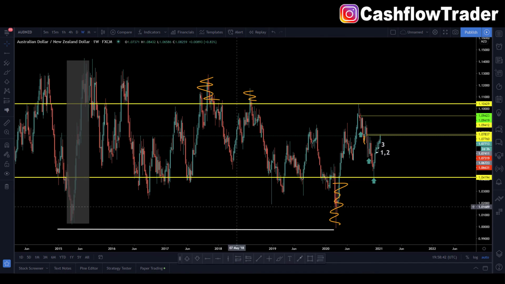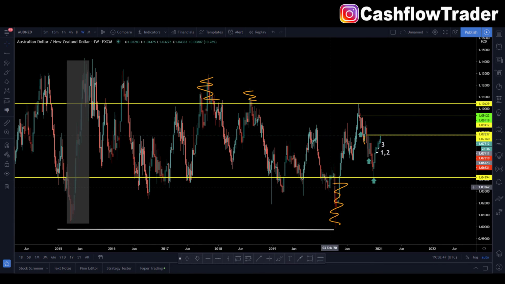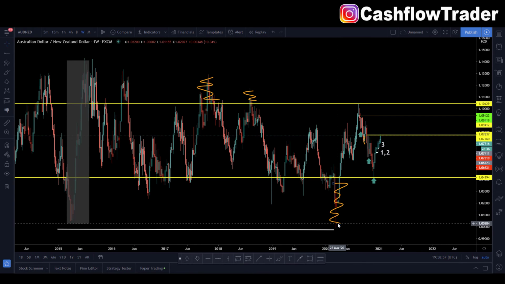If you look here, I think the market tried to break down a few times, and then it failed, and then it did one big push down. The big money that made this strong run up is saying no, you're not going lower than this, because this is roughly where my stop losses are.